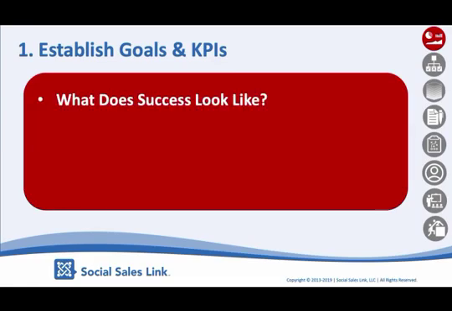The way to start thinking about this is defining what success looks like for you and for your team. What are we looking to gain from the social selling activities? And depending on what your sales process is like, if you're a high velocity sales team making a ton of calls, maybe it's more scheduled calls that you get.